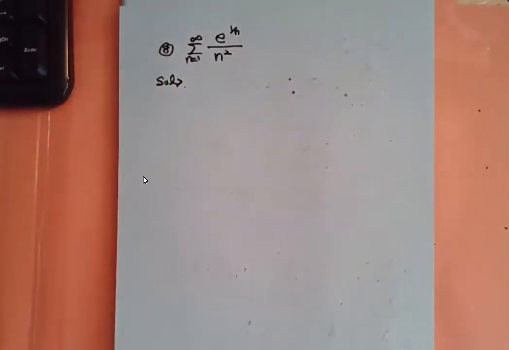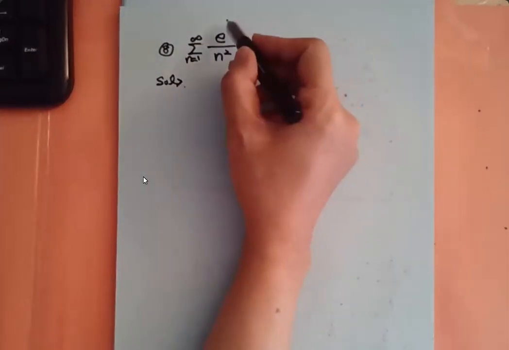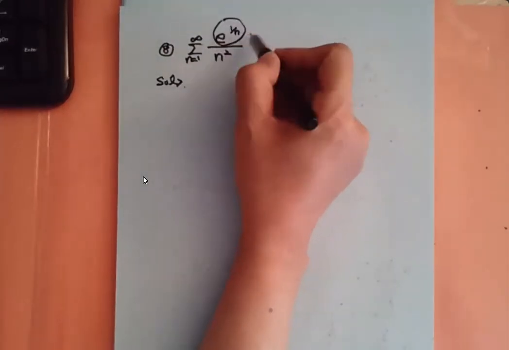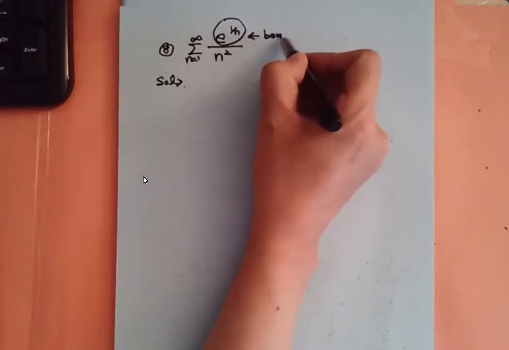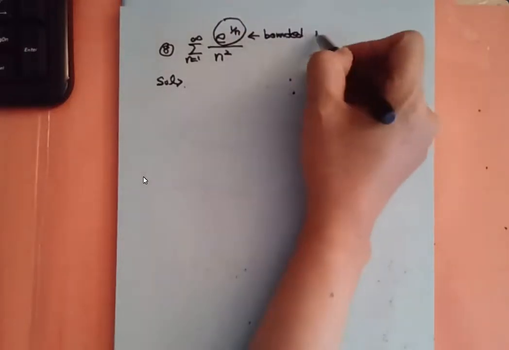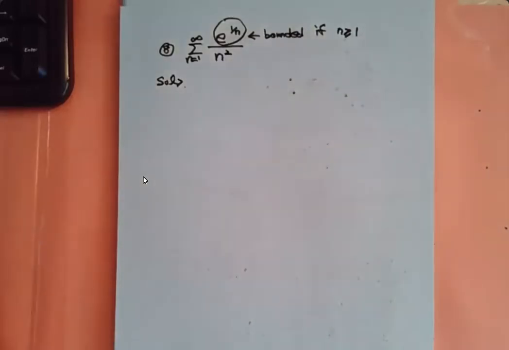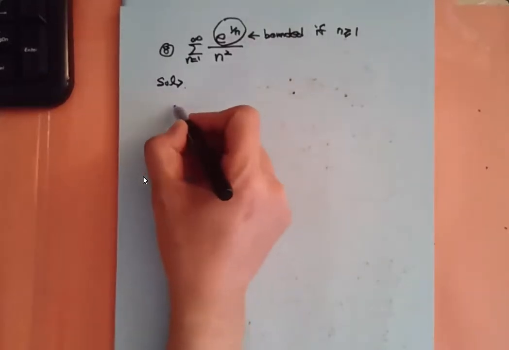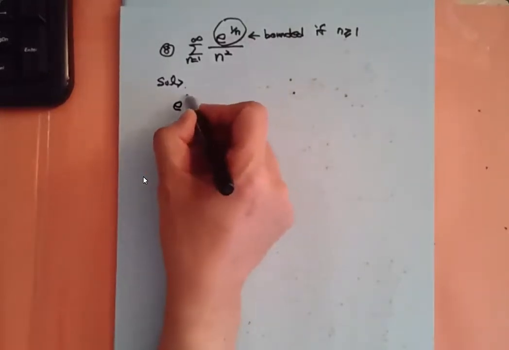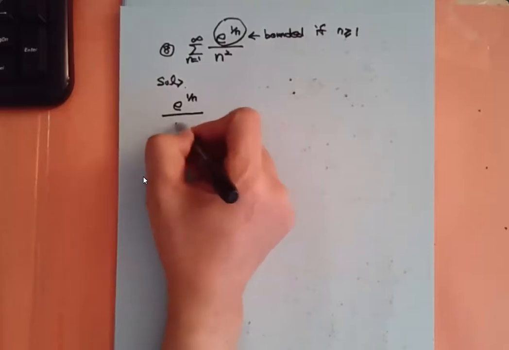Again, we want to use the comparison test because what we know about this one is that it is bounded, if we limit ourselves to n greater than or equal to 1. So what's going on here is 1 over e to the 1 over n squared.